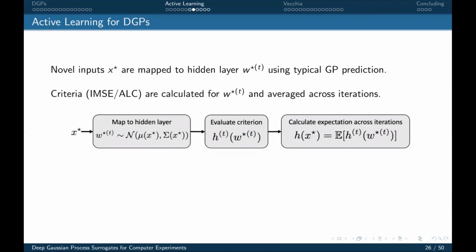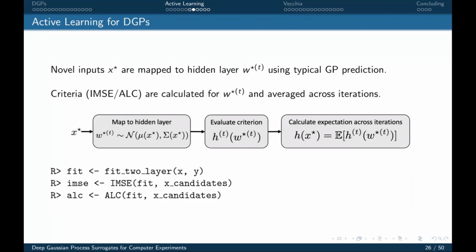The first thing I have to do is find out what it is in terms of W. So I need to make a prediction through the hidden layer to get a W. Then I need to evaluate the criterion like IMSE on that W. And then I need to average. I need to do that a lot of times in my MCMC to take an ergodic average. And then I can do that for any of the locations I want to see which ones are more valuable than others.